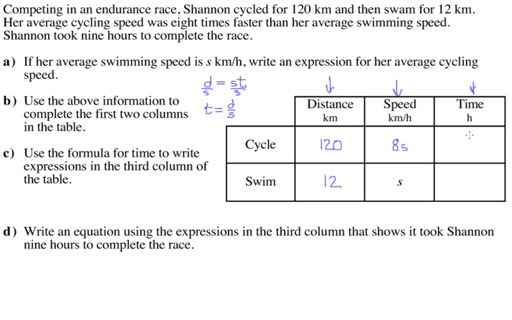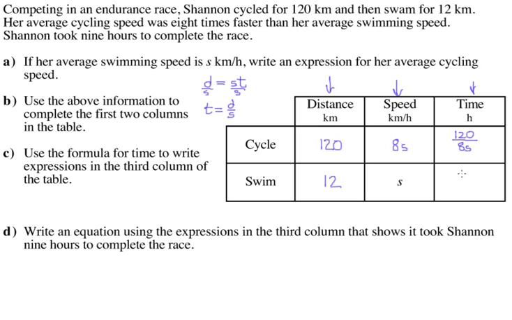We can use that to fill in these two blanks. For the bike part, we have a distance of 120 kilometers divided by a speed of, sadly we don't know it, it's got a variable in it, it's 8s. But we can still say that's the speed, 120 divided by 8 times whatever her swimming speed is.